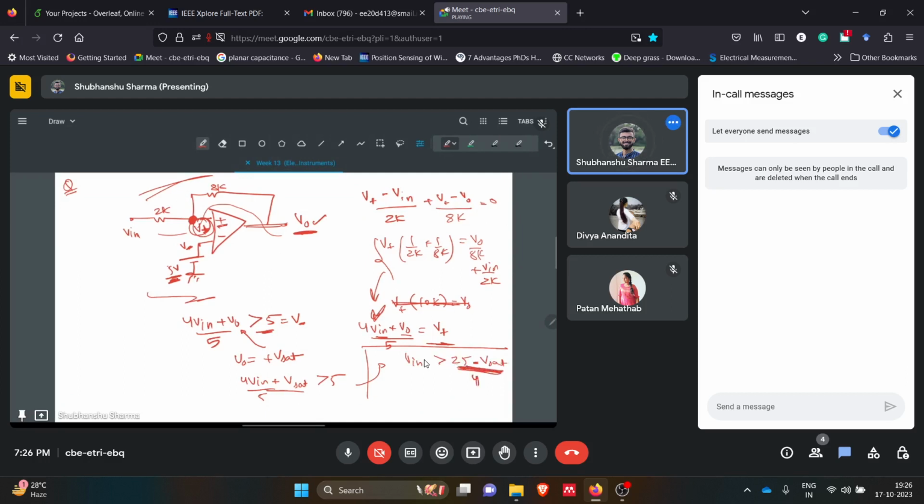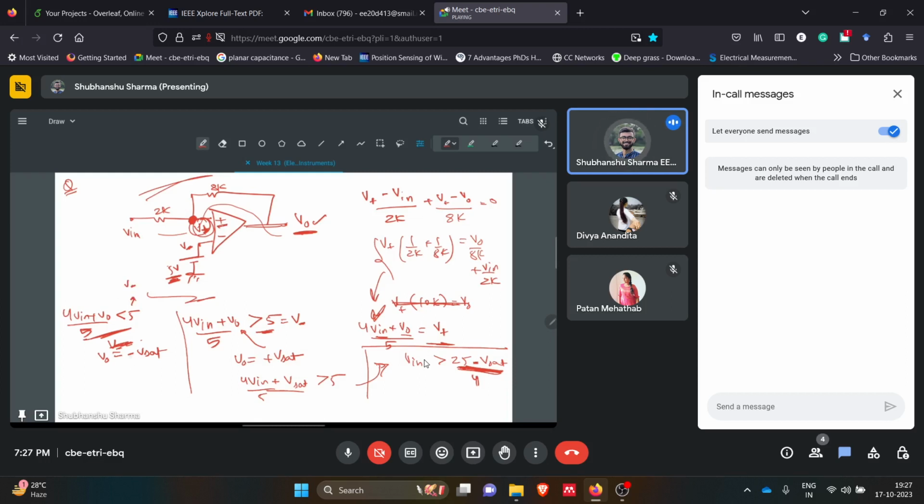This is one equation. Another case will be when (4V in plus V naught) by 5 is less than 5. That will happen when V minus is greater than V plus, because the inverting side terminal voltage is greater than the non-inverting side terminal voltage of the op amp.